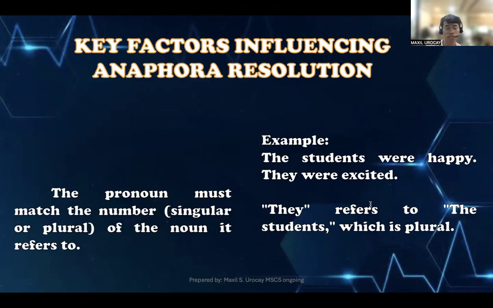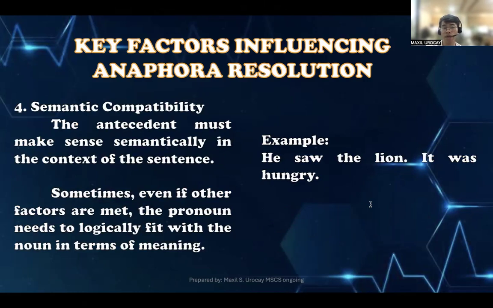So, hopefully that's clear. Now, we also have another factor, which is semantic compatibility. In semantic compatibility, the antecedent must make sense semantically in the context of the sentence. Sometimes, even if other factors are met, the pronoun needs to logically fit with the noun in terms of meaning.